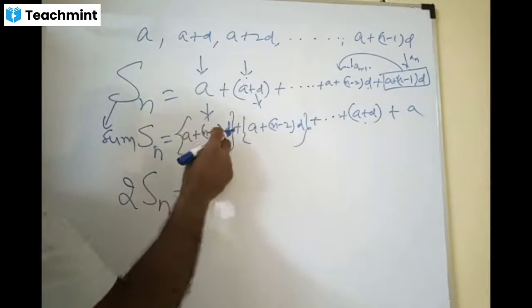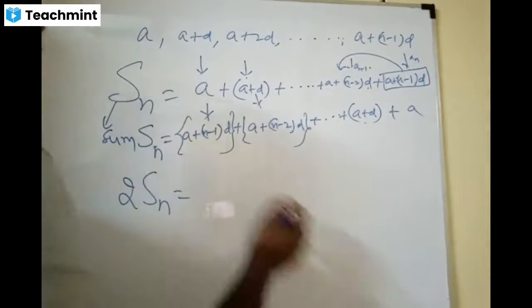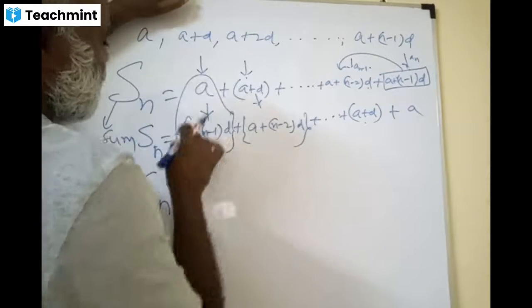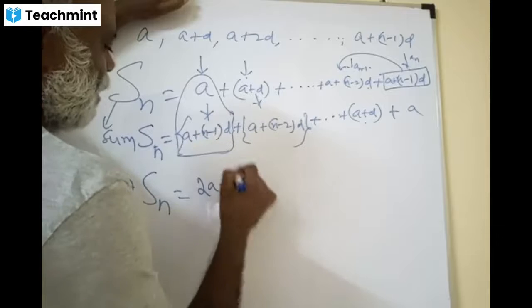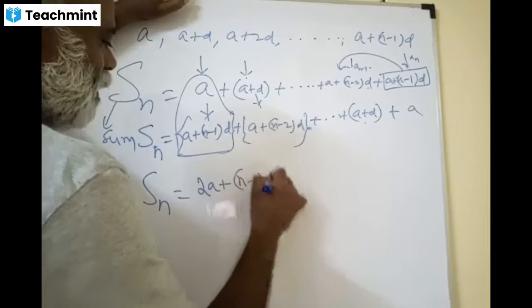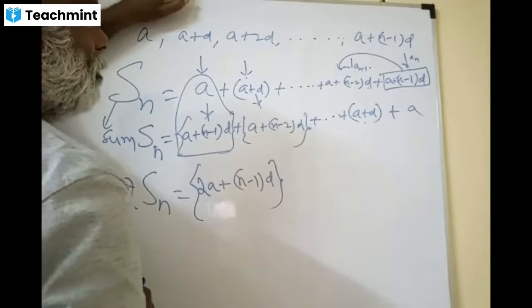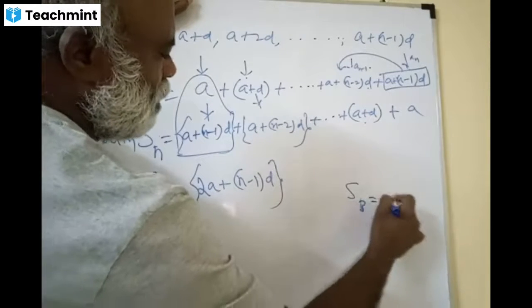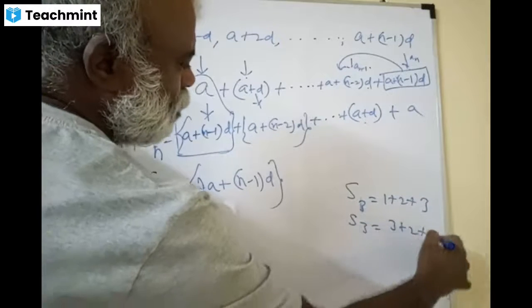a plus a is 2a plus n minus 1 into d. This is one term. I hope you understood. Take S3: it is 1 plus 2 plus 3, and also 3 plus 2 plus 1.